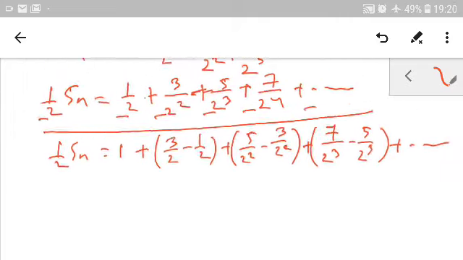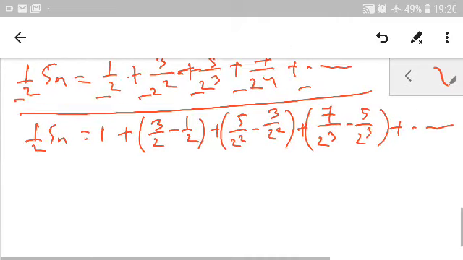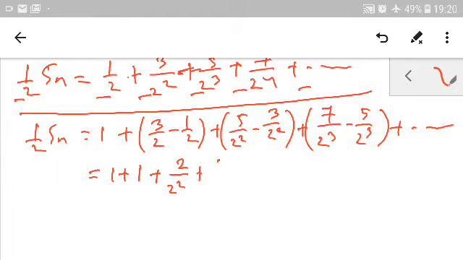Now if it goes like this, that is equal to 1 plus this is 2 by 2, which is 1, and here you can see it is 2 divided by 2 square, again 2 by 2 cube plus the next term will be 2 by 2 to the power 4, and it goes on like this.